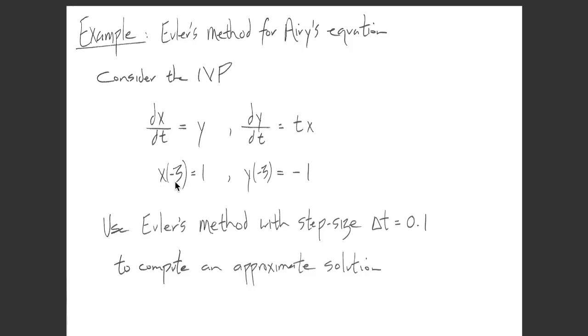We're saying when time is t equal minus 3, x is 1, and y is negative 1. So this is an initial value problem for a system of equations. You need to give initial values for both x and y. Let's use Euler's method with step size delta t equal 0.1 to compute an approximate solution.